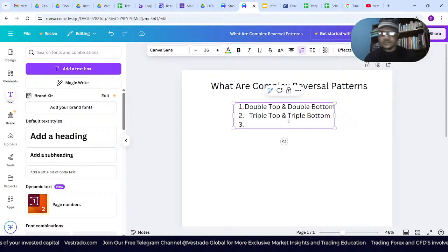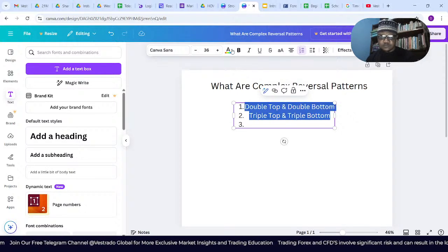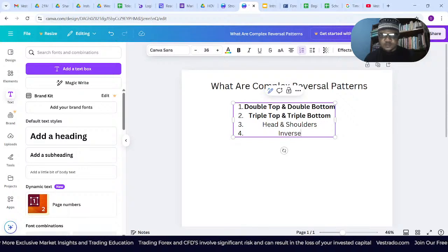Then the head and shoulders, and inverse head and shoulders.